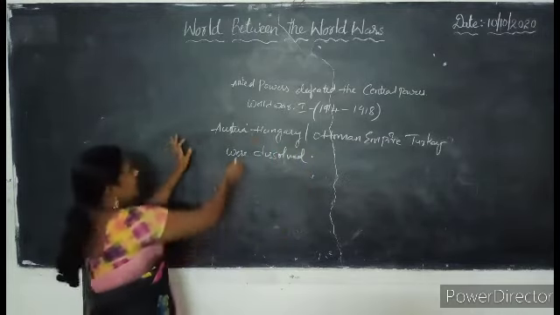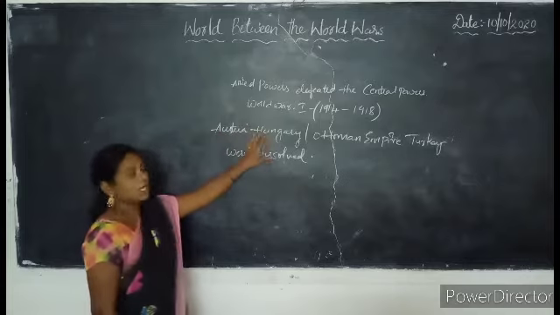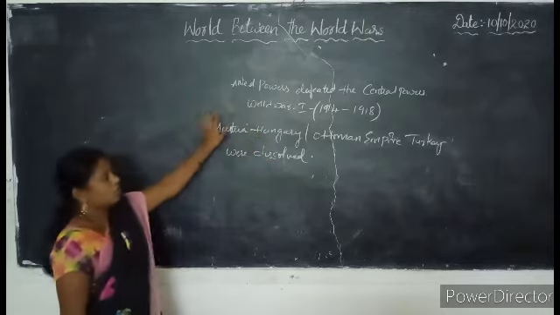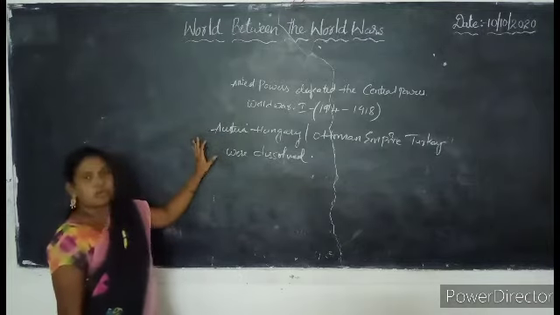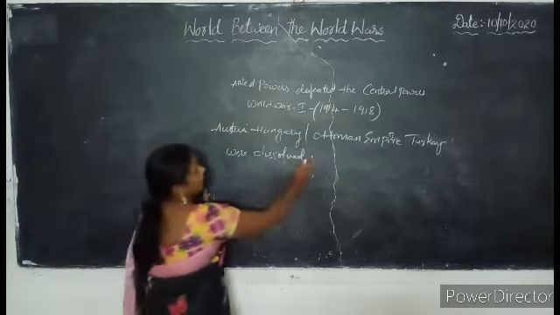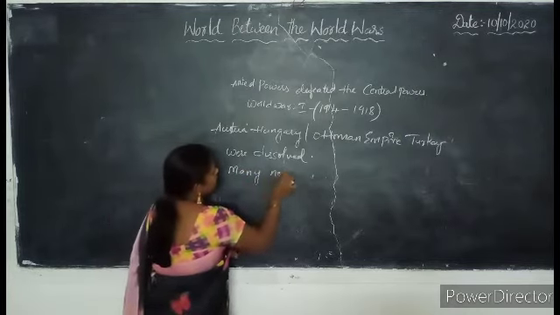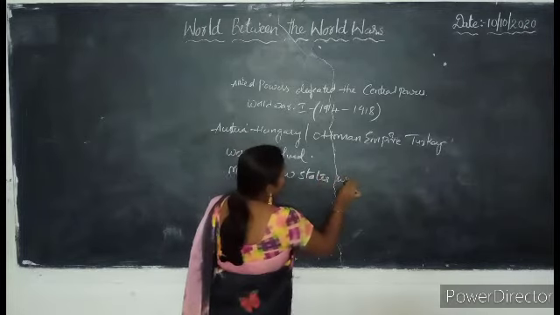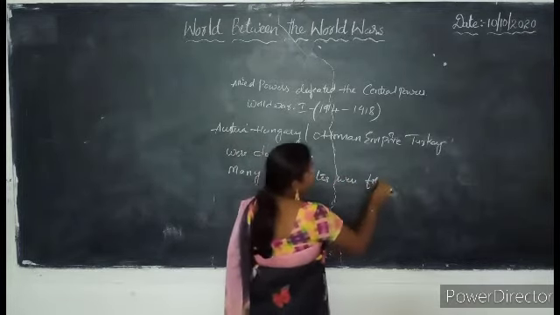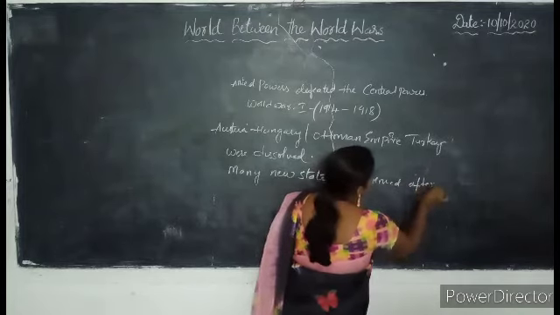Already we have seen that Austria and Hungary were under one king, and the Ottoman Empire was in Turkey. So these were also dissolved and many new states were formed after World War I.